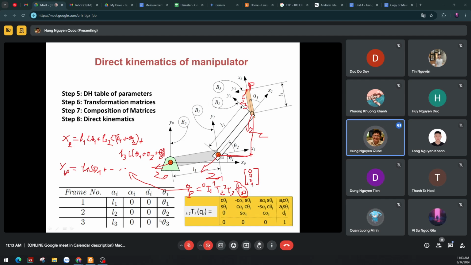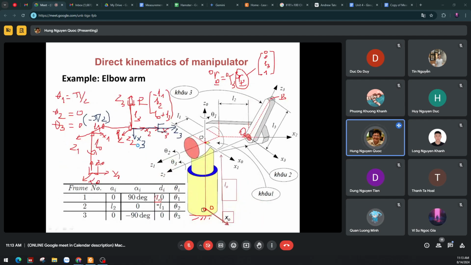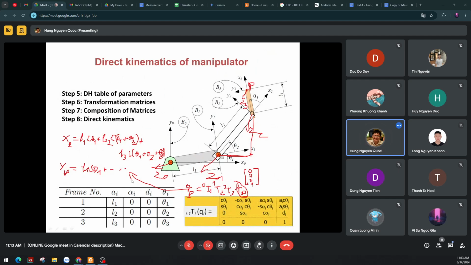And the angles are θ1, θ2, θ3. You put these into the matrix, then you have T01, T12, T23, multiply them together, and then I'm sure you can get the solution like this one.